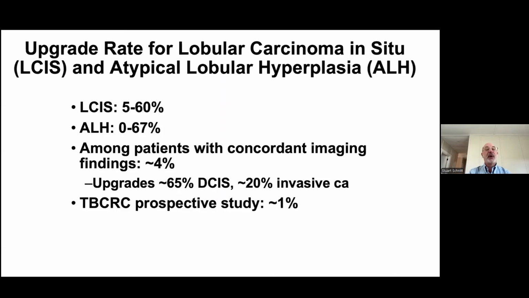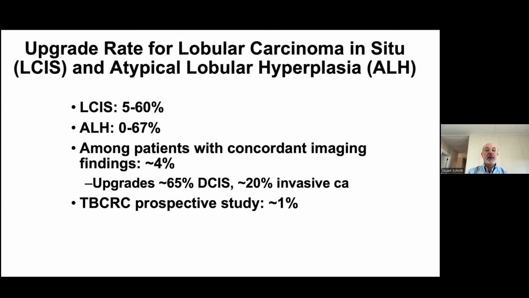The upgrade rate for LCIS was reported to be anywhere from 5 to 60%, and for ALH, anywhere from 0 to 67%. But again, we now know that among patients with concordant imaging findings, the upgrade rates are much lower, around 4%. And again, most of these upgrades are to DCIS.